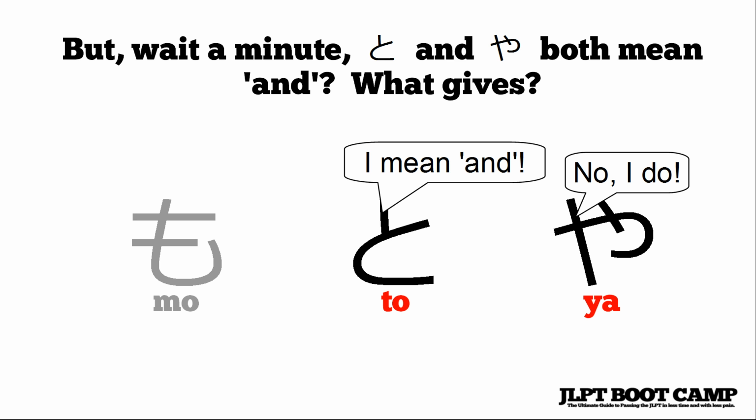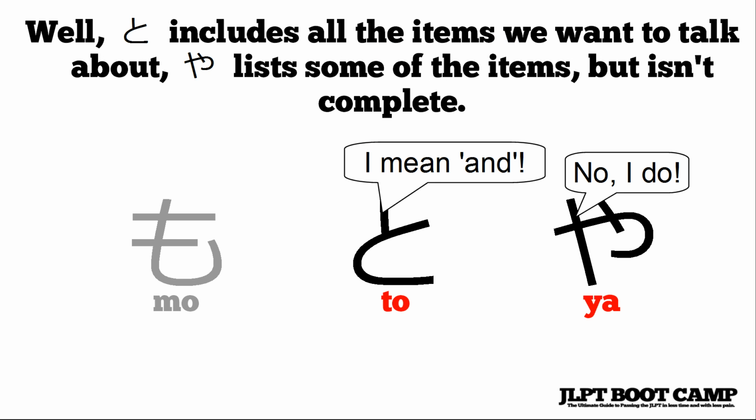For example, to includes all the items we want to talk about. It's inclusive. Some people say it's exhaustive. It lists everything that we want to talk about, that we can imagine, of all the things that I like or all the things I eat.